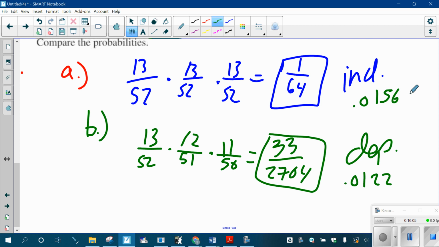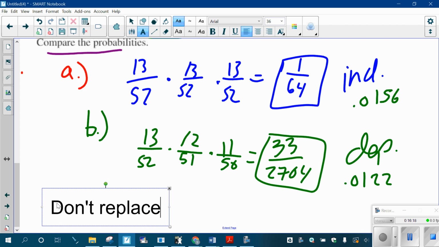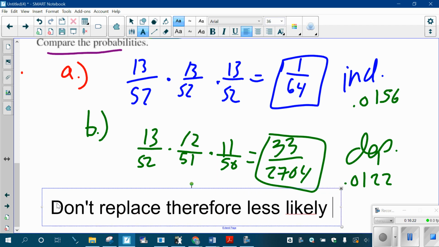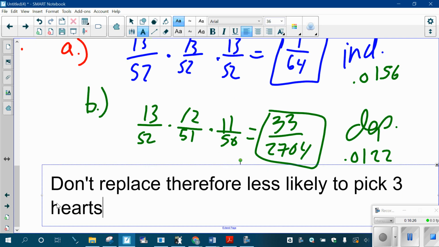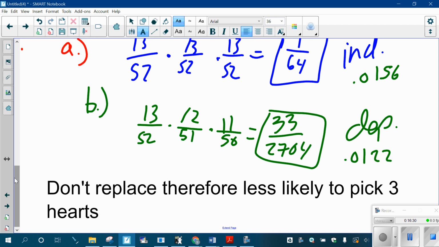So what you can see is that when you don't replace it, if you want to compare these probabilities like they ask us to do, when you don't replace, it becomes less likely. In this problem, that's not always true. That kind of makes sense when you think about it, because you're not going to pick 3 hearts in a row. It's going to be less likely if you don't put those hearts back in, because there's less to choose from.